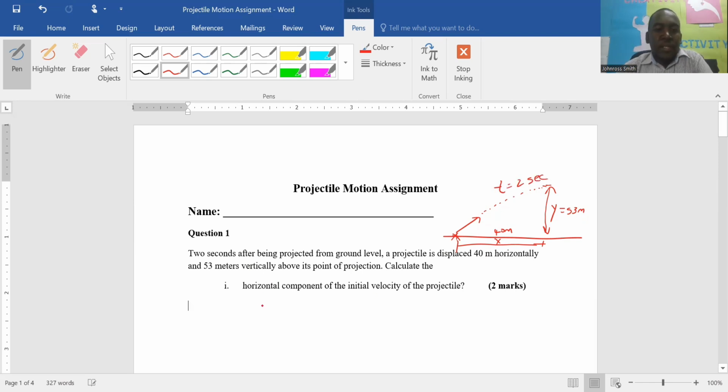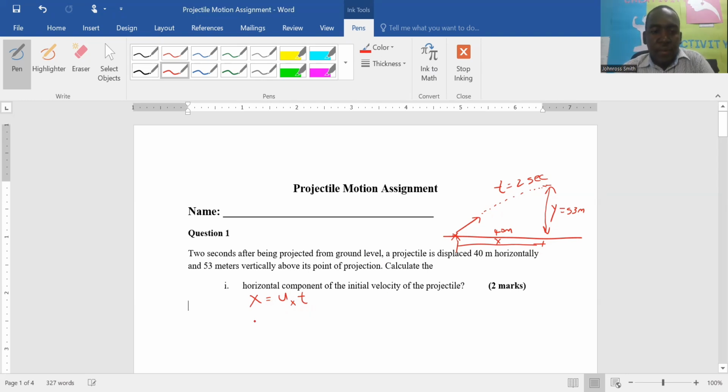The first part says calculate the horizontal component of the initial velocity of the projectile. What we should know from this is that the X displacement is equal to UX times T, which means that UX does not change because there is no acceleration in the X plane, because there are no external forces acting in the X plane.